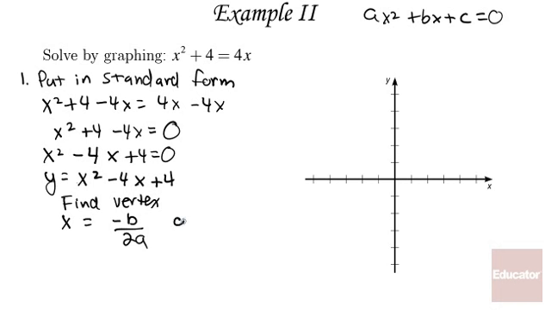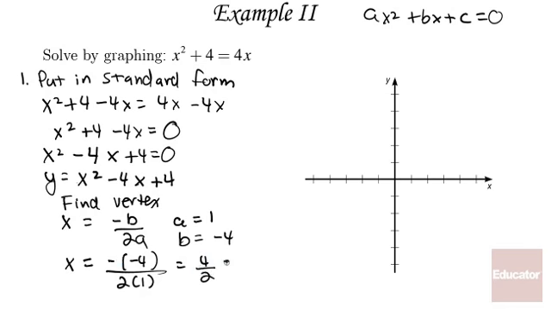Since a equals 1 and b equals negative 4, I'm going to find that x equals negative 4 over 2 times 1. Negative times a negative is a positive. 4 halves equals 2.